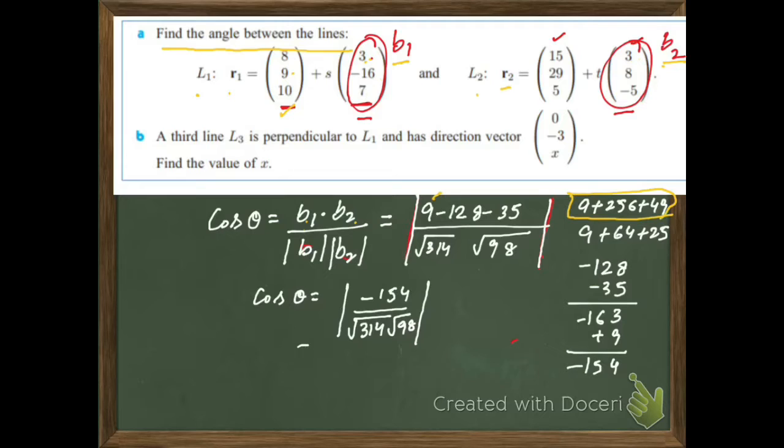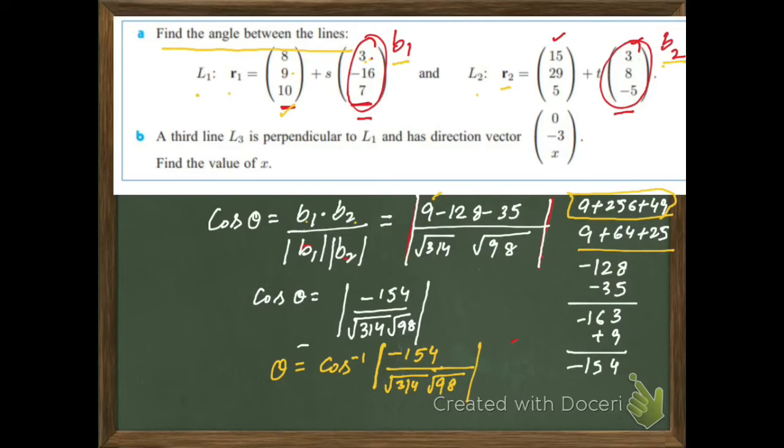This is the magnitude of b1 vector, and this is the magnitude of b2 vector. If you simplify, you will get cos theta equals this, and after that you can just do shift cos or cos inverse, whatever language you use. I will use the modulus because the value is negative. If you enter it in the calculator, don't enter negative values, or you will get an obtuse angle otherwise. So just enter these two values in a positive way and you'll get the angle.